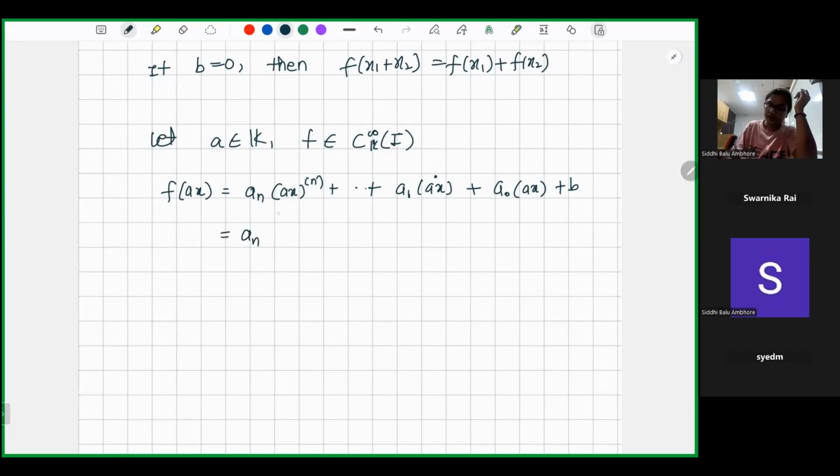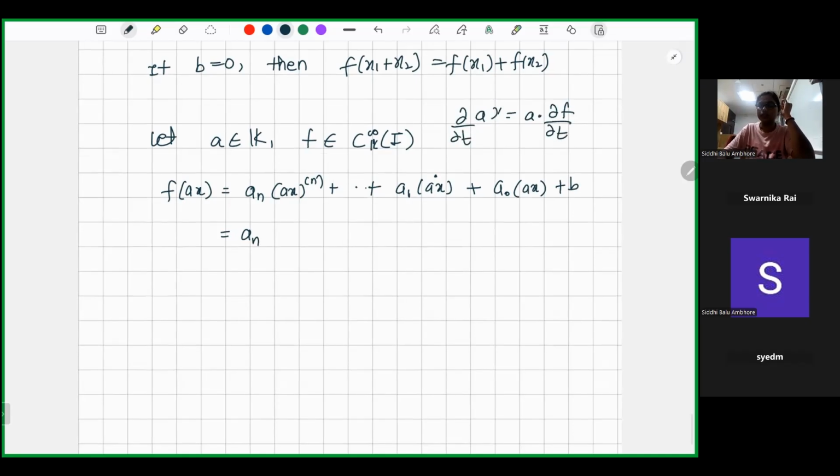Let me just simplify. So for differentiation, d by dx of af, we know this is a into df by dx. Let me take t and x here. This is true, right? This is not partial; this is proper differentiation.